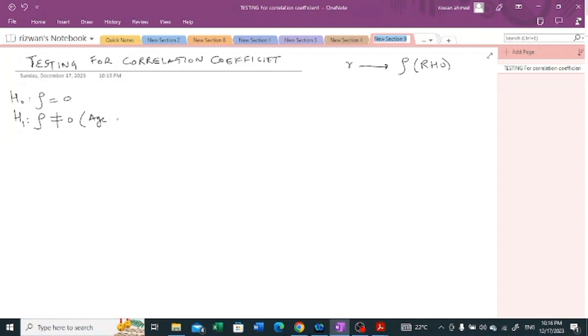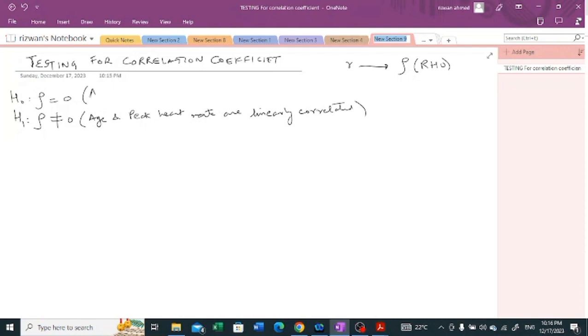And the statement is, age and peak heart rate are linearly correlated.